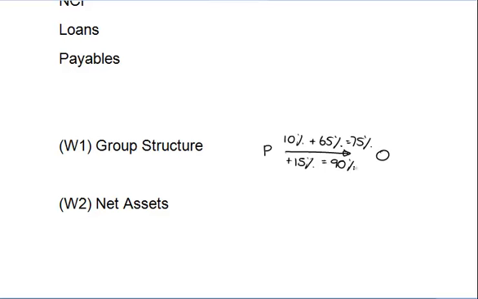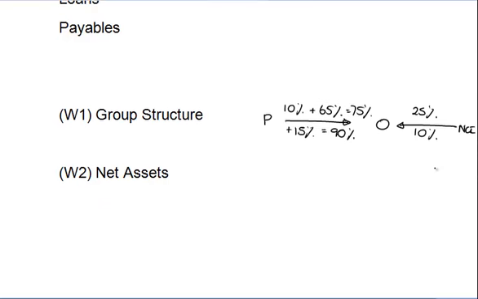So as far as our friends the NCI are concerned, when we owned 10%, we didn't have an NCI, but they did have 25% for a period of time, and they also had 10% of the shares for a period of time.